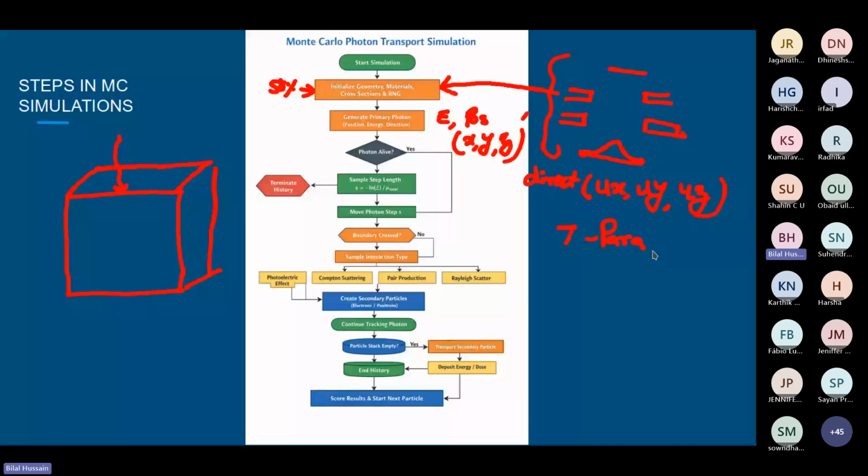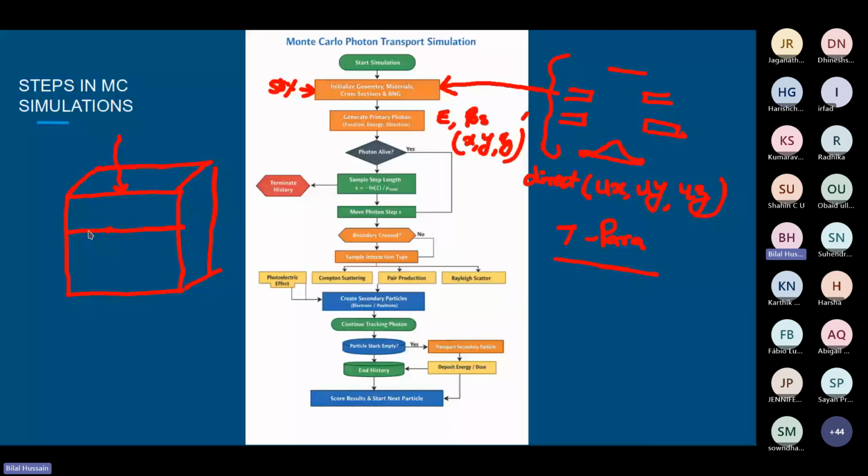For example, let us say I have a photon at any point here. This photon should have the 7 parameters defined. Only then can I take the photon in the direction I want, know its energy, where it will be, and what type of interaction it will have; everything can be properly modeled. Within any one plane here, I have millions of photons, 10 million, 100 million photons.